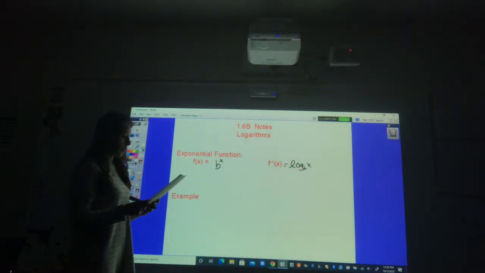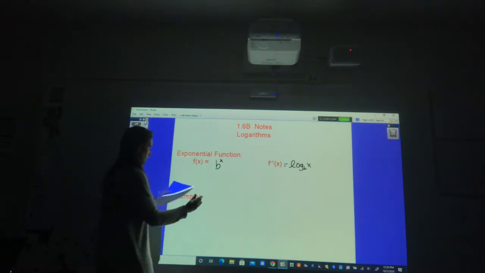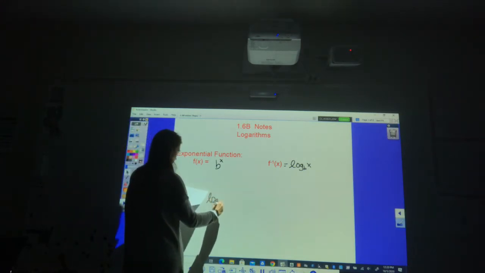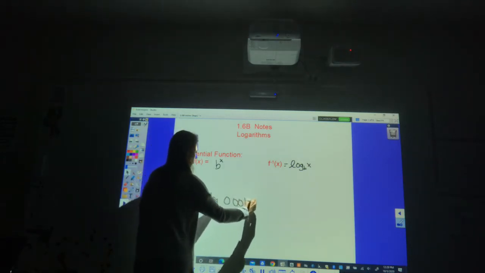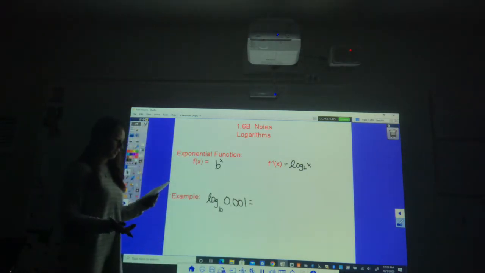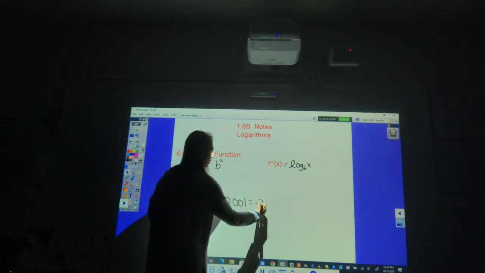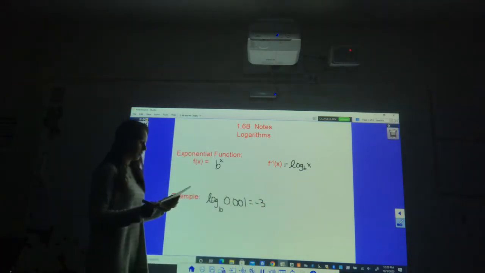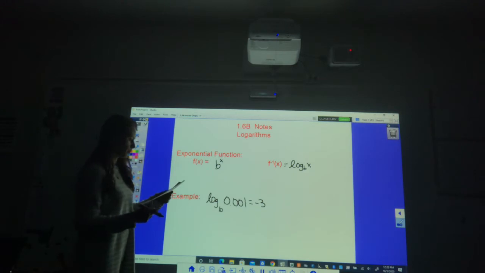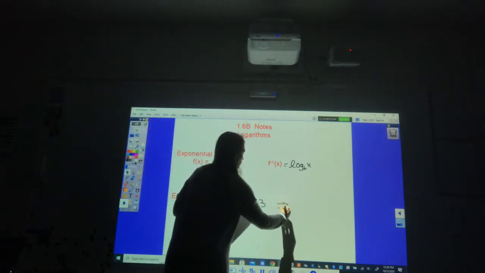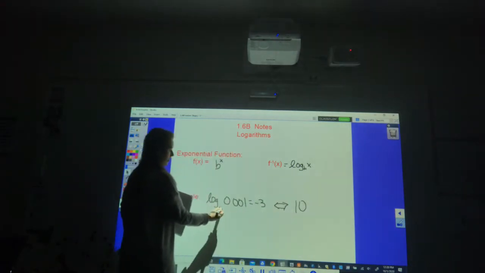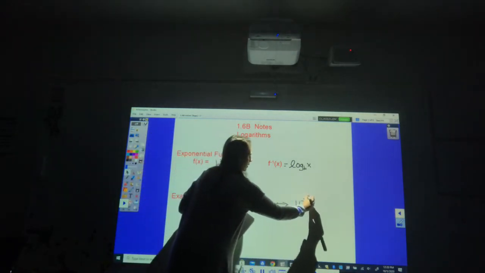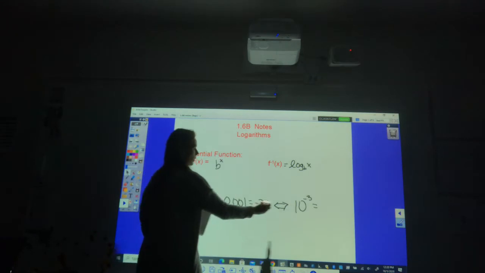An example problem, let's just do this. Log base 10 of 0.001, and you could type that into your calculator if you want, is -3. And let's think of how we would write this with an exponent. You guys remember this implies 10 is the base, to the -3 equals 0.001.